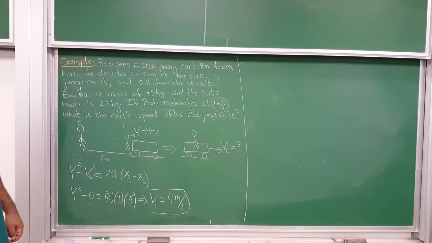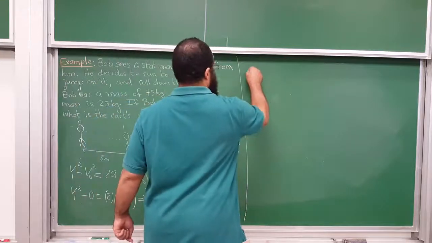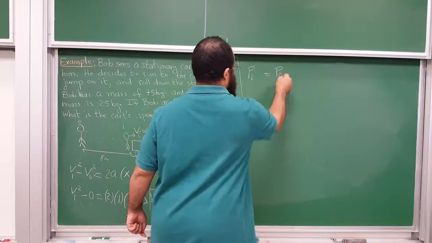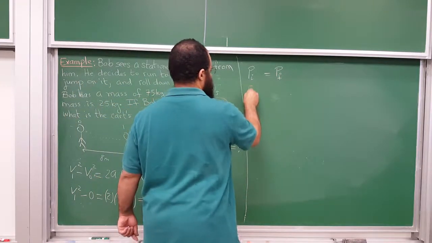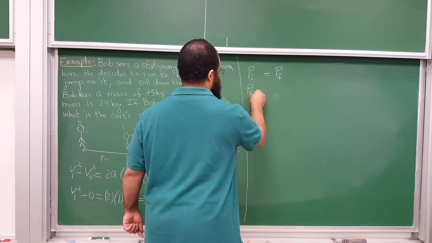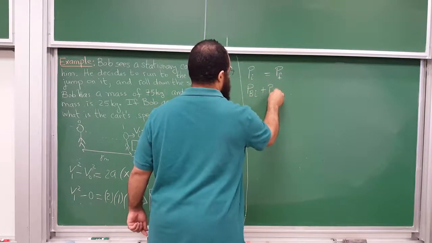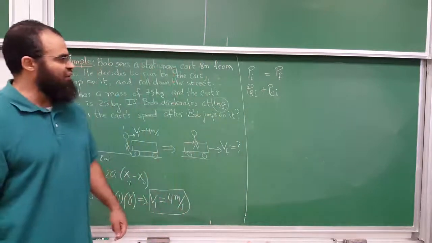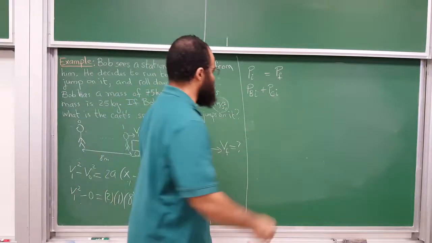So anyways, we can use conservation of momentum. So we will say the momentum before will equal the momentum after. Let me be more detailed. The momentum before he jumps consists of the momentum of Bob before jumping plus the momentum of the cart before he jumped on the cart. B for Bob, C for cart, and I for initial.